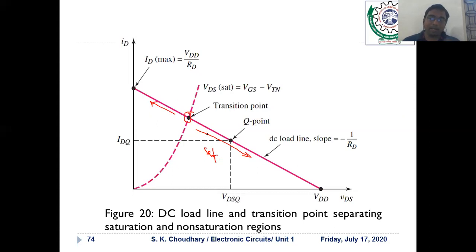So for whatever analysis we have done for the common source amplifier, our Q point should always be in the saturation region. And who is responsible for the Q point position? The biasing resistors R1 and R2. The Q point should always be in the middle of this saturation region so that you get a good amplifier, meaning the voltage swing offered by this circuit and your gain would be maximum.